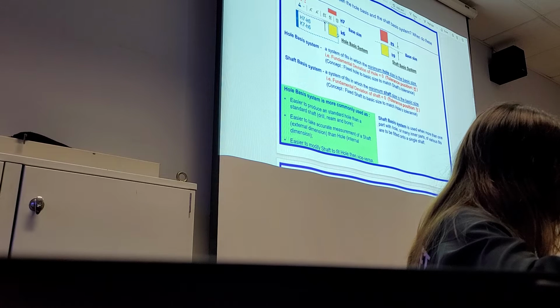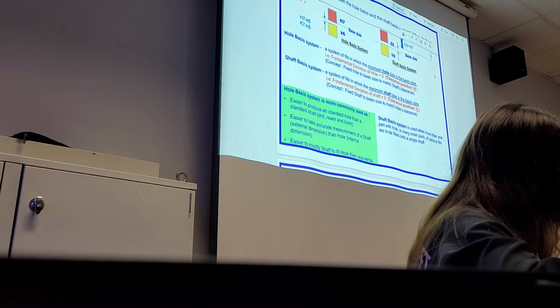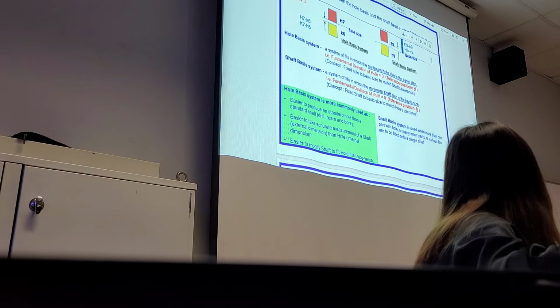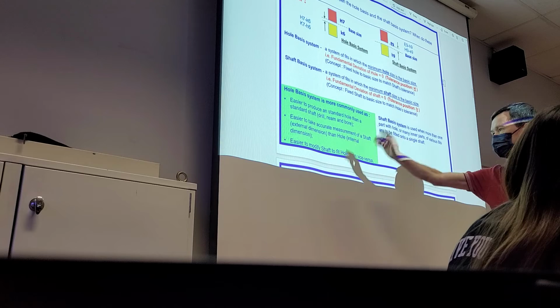Okay, for this one it's the same thing. I have E9 H9, that's my existing system. If I want to specify an equivalent system, that will be H9 E, something like this. Basically, these two systems are equivalent. Most of the time, we use a hole-based system.